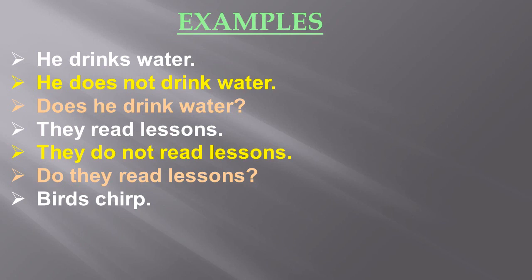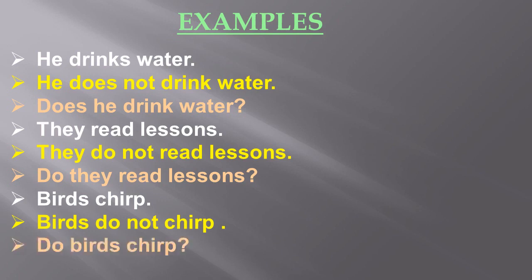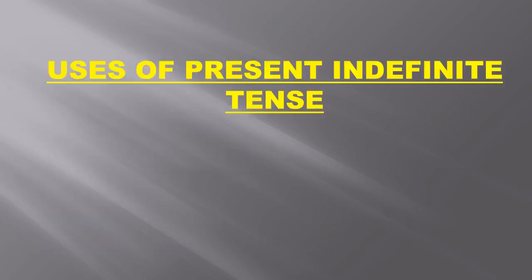Birds, third person plural. Birds do not chirp. Now interrogative sentence, do birds chirp? So in this manner we are going to write sentences for present indefinite tense. Now let's see the uses of present indefinite tense.